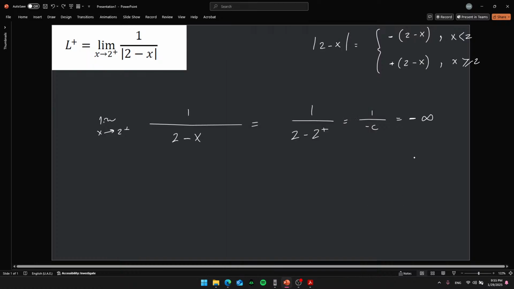Yeah, it's positive infinity, not negative infinity. When x is greater than 2, 2 minus x, 2 minus negative number.